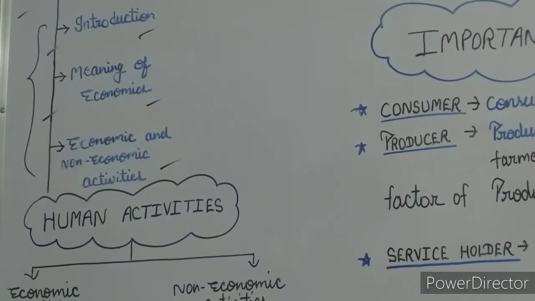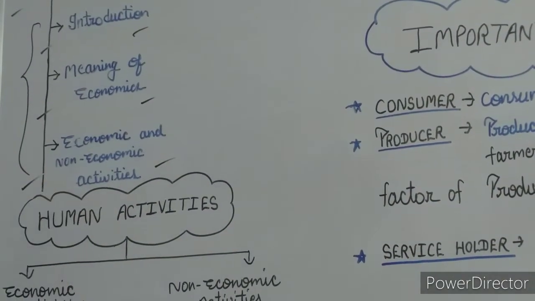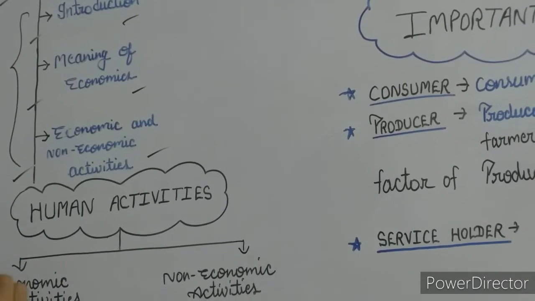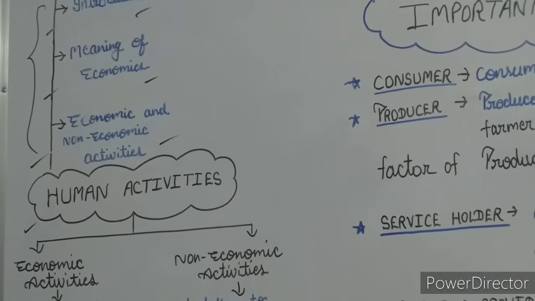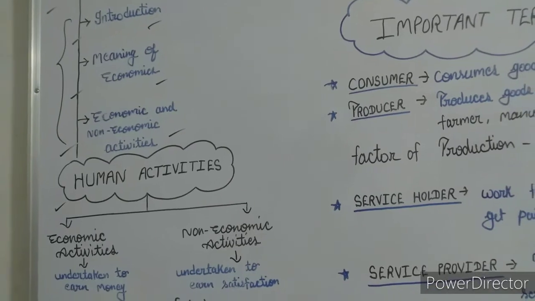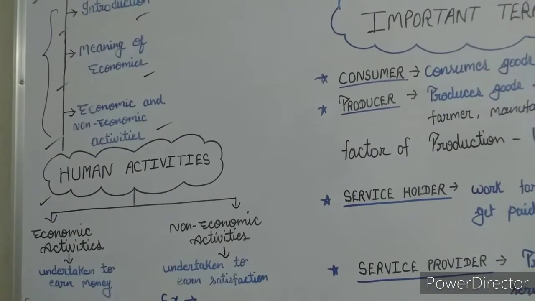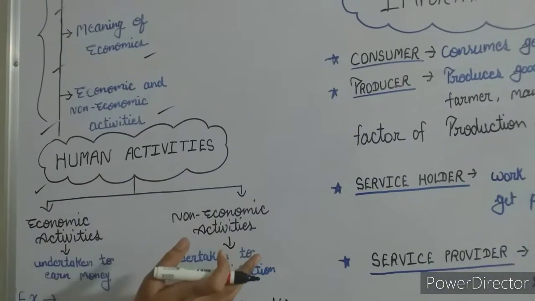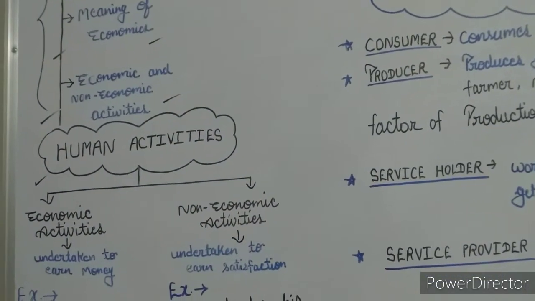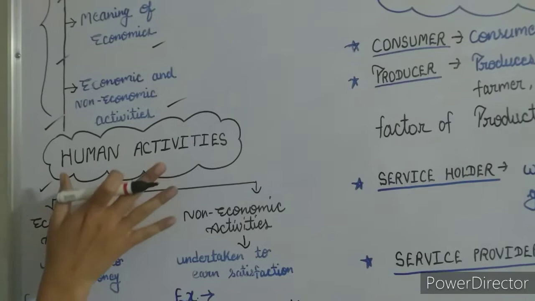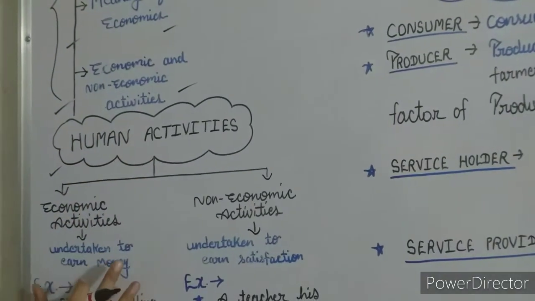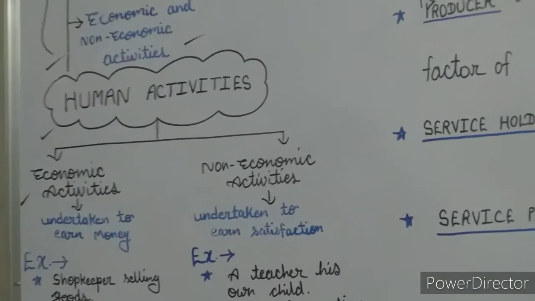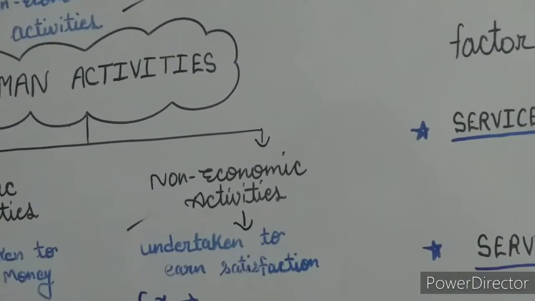Today we are going to start economic and non-economic activities. We all human beings are engaged in some activities, right? Mainly we engage in activities to satisfy our needs. All these human activities are mainly divided into two parts. First is economic activities and another one is non-economic activities.